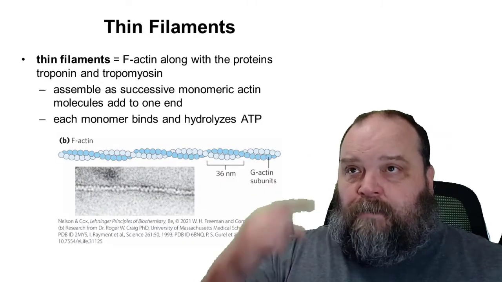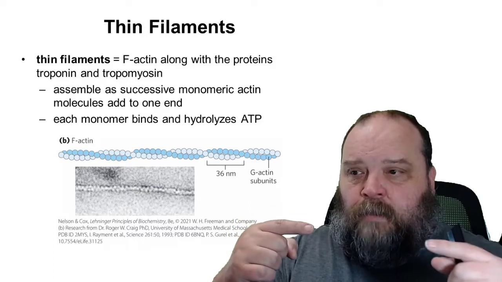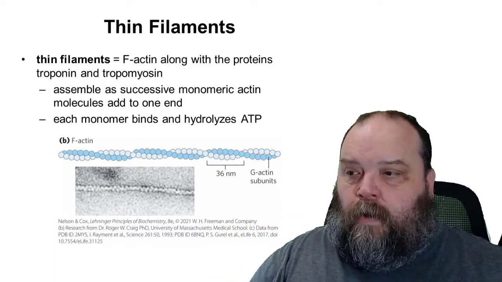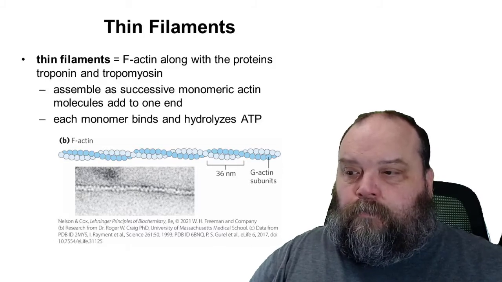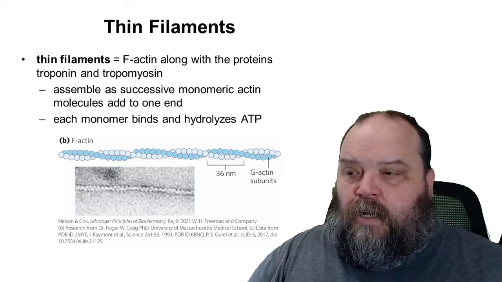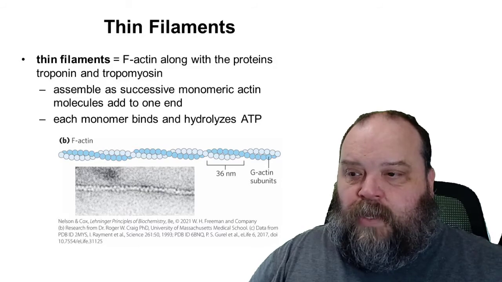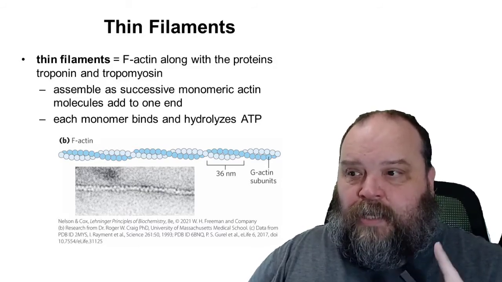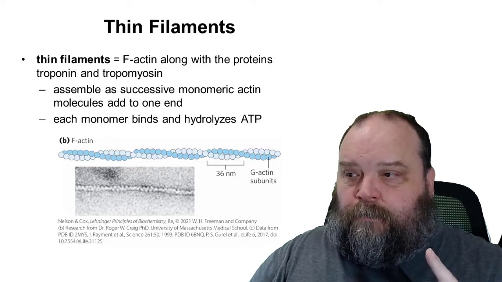The thin filament, so you have thick filaments of myosin, thin filaments of F-actin. Each of the monomers can bind and interact with ATP, and that's very important here.